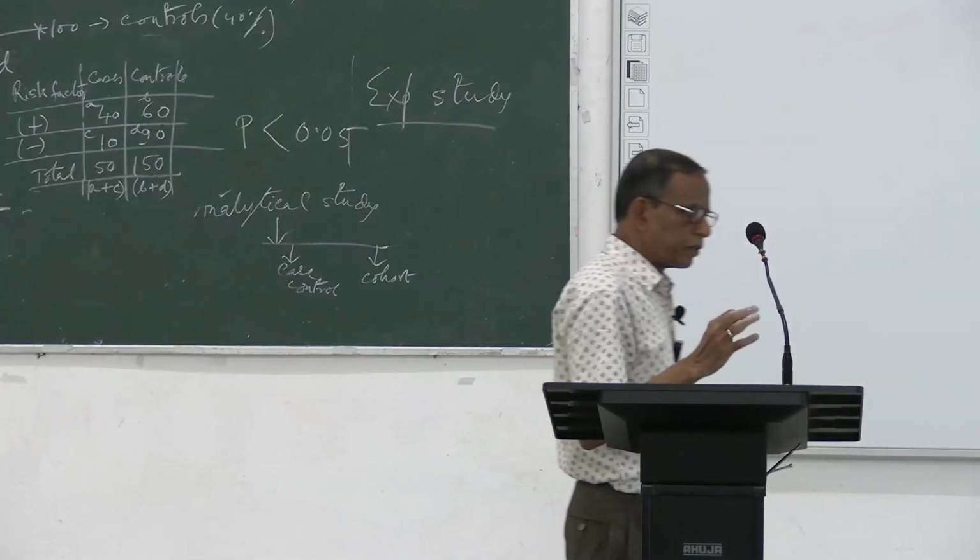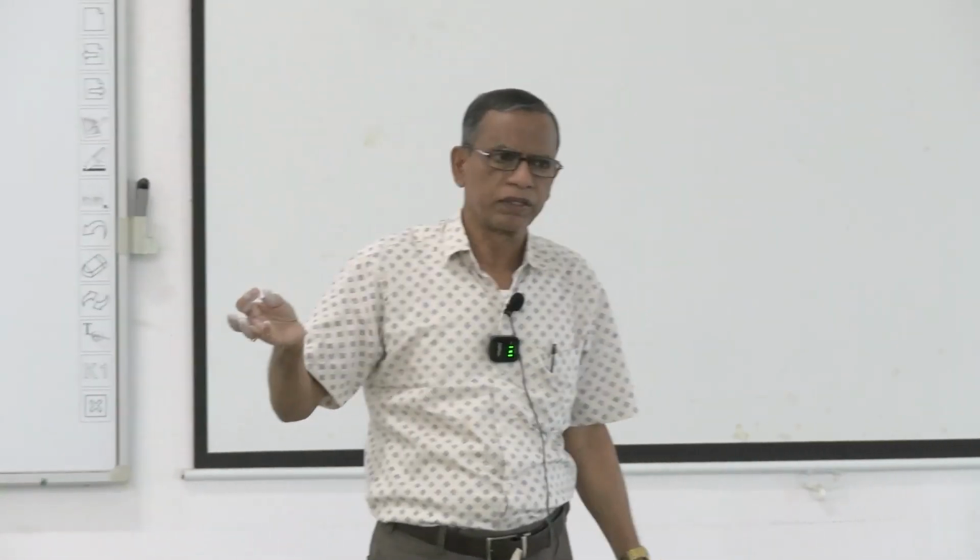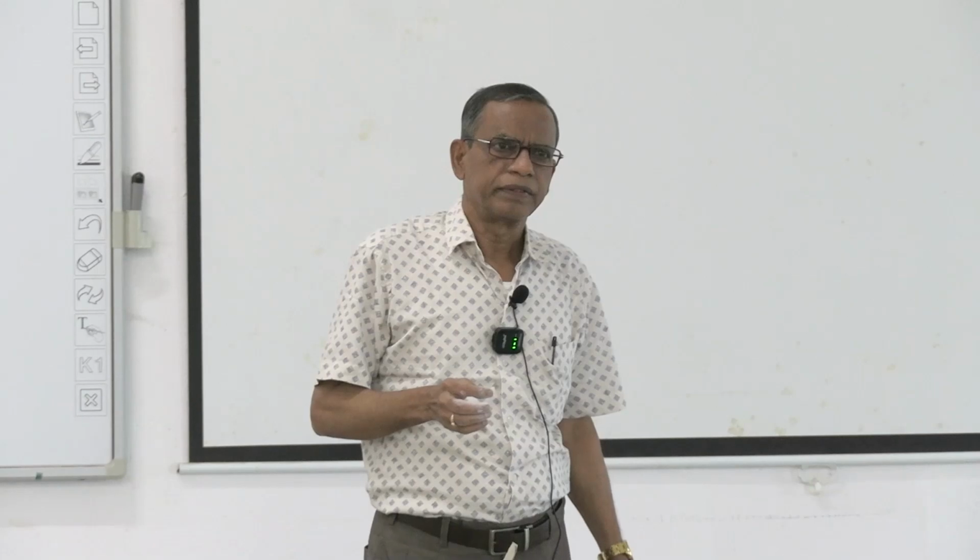As the strength of the association is 6, that means there is strong correlation between smoking and lung cancer. What is correlation? Or what is association? Association means occurrence of two variables more often than would be expected by chance.